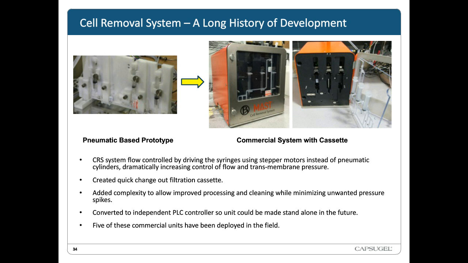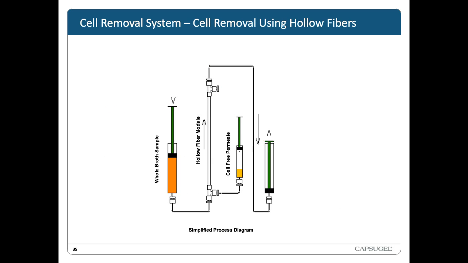To give you an idea of how it functions, there's a very simplified diagram of how the system works. You see that the syringe on the left gets filled with a MAST sample, a whole broth sample, and then that syringe is driven down at a targeted speed, and the syringe on the right comes up, and what happens is the sample gets pushed through the hollow fiber module.